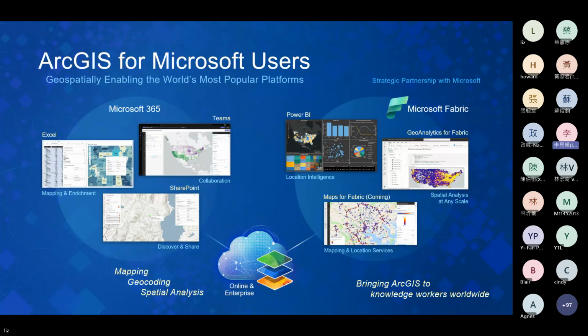We're also embedding Esri's GeoAnalytics for Fabric directly into Microsoft Fabric. Soon, all Fabric users worldwide will be able to access ArcGIS Map Viewer, perform unified analytics, and use nearly 200 geoanalytics tools with the data stored in Microsoft OneLake.